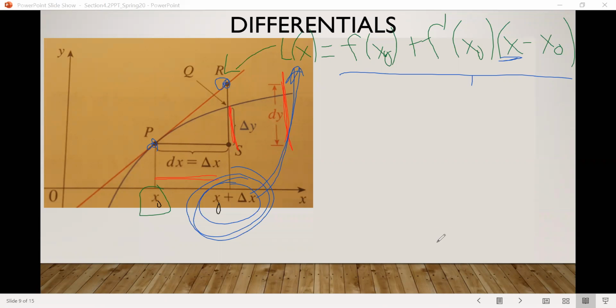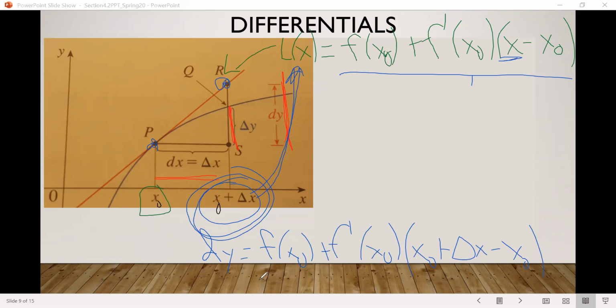Write it down here. So dy is f of x sub naught, right, plus f prime of x sub naught times, and then inputting for x, we're going to have x sub naught plus delta x minus x sub naught.